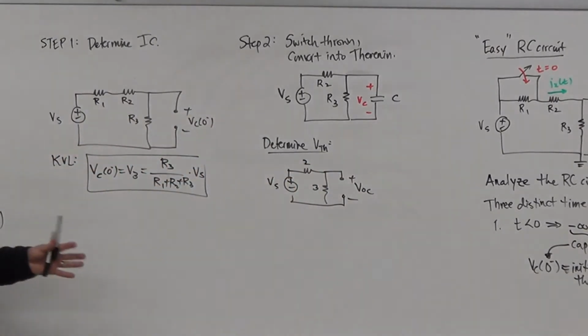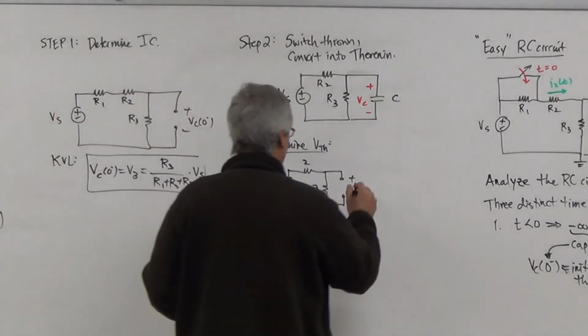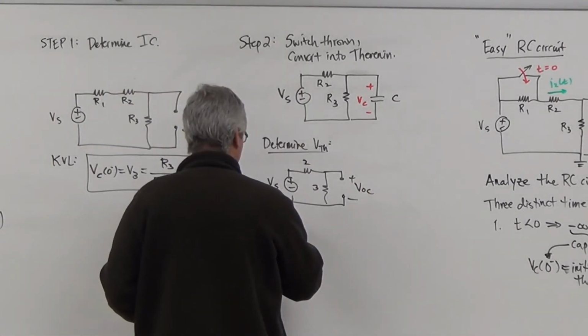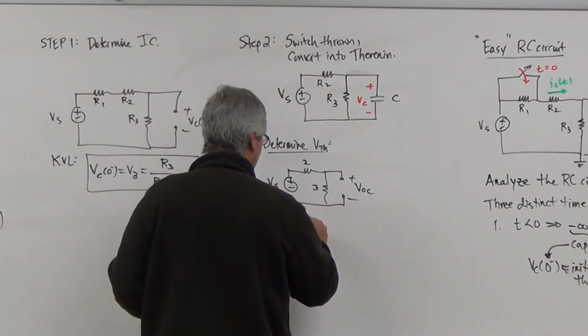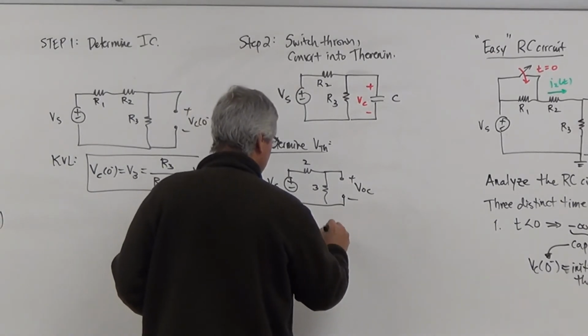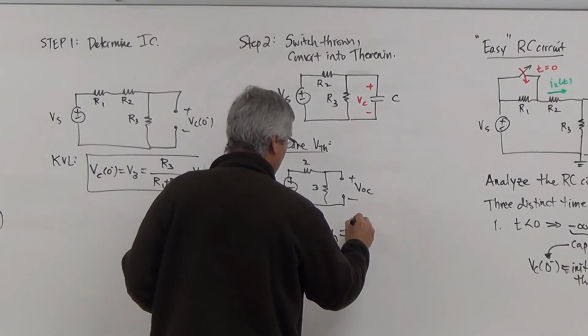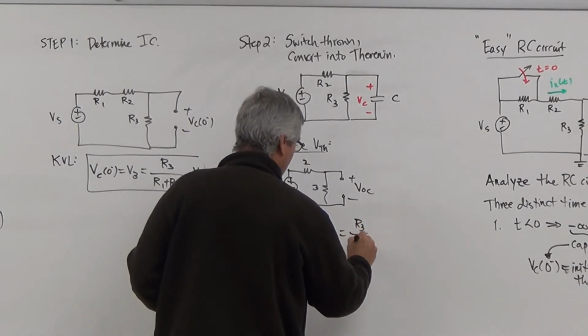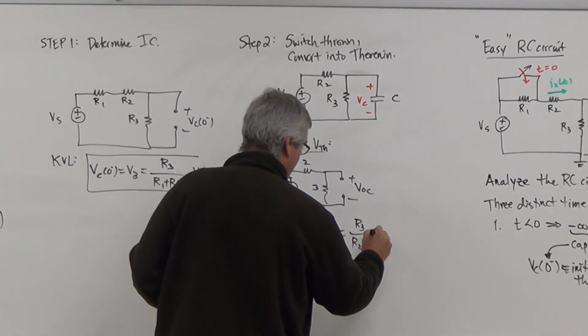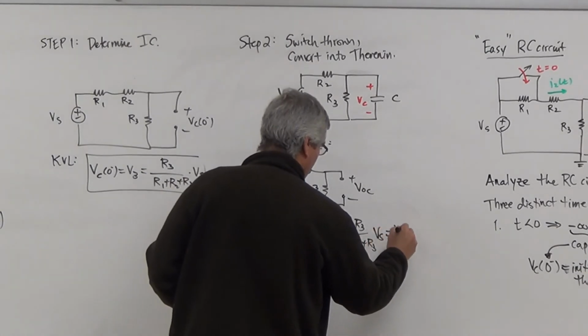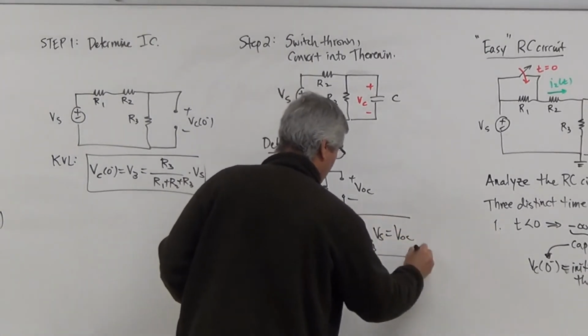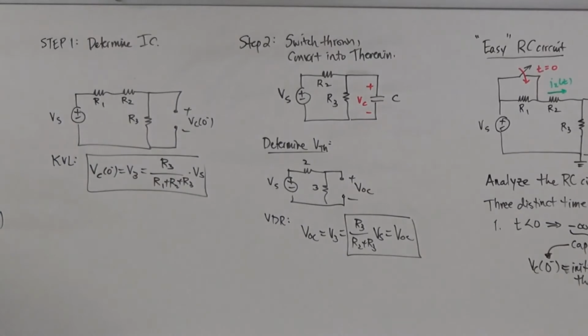So I calculate this using VDR again. If I use VDR, we can see that VOC is the same as the voltage across the 3. Okay? Just as we would expect here.